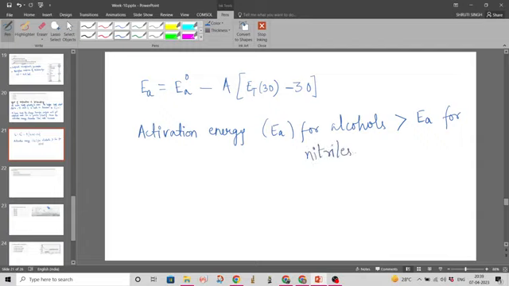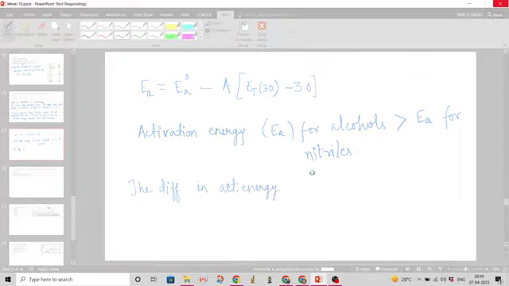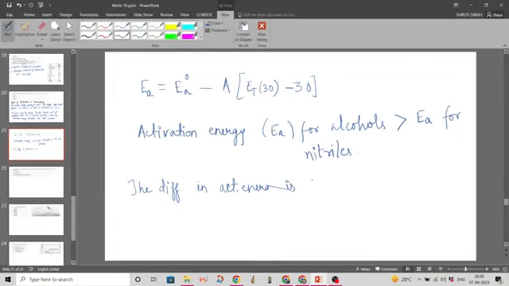Here we are considering the solvents for charge transfer, and the difference is 6 kilocalories per mole, and this 6 kilocalories per mole is the energy of a hydrogen bond.